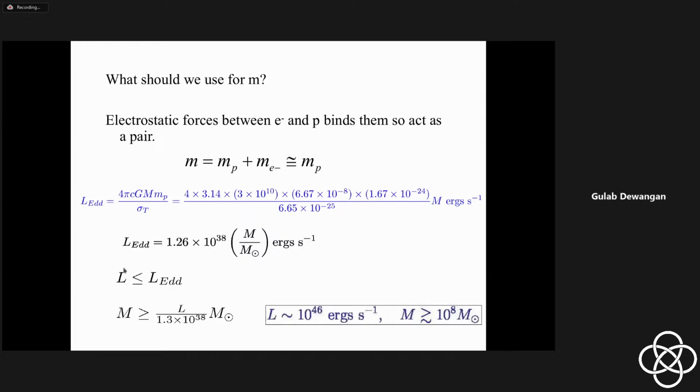Because the actual observed luminosity has to be less than or equal to the Eddington luminosity, using this inequality we can estimate the mass for a given luminosity L. The mass must be larger than or equal to L divided by 1.3 times 10 to the power 38 ergs per second. For an observed luminosity of 10 to the power 46 ergs per second, we derive the limit on the mass: the mass must be greater than 10 to the power 8 solar mass.